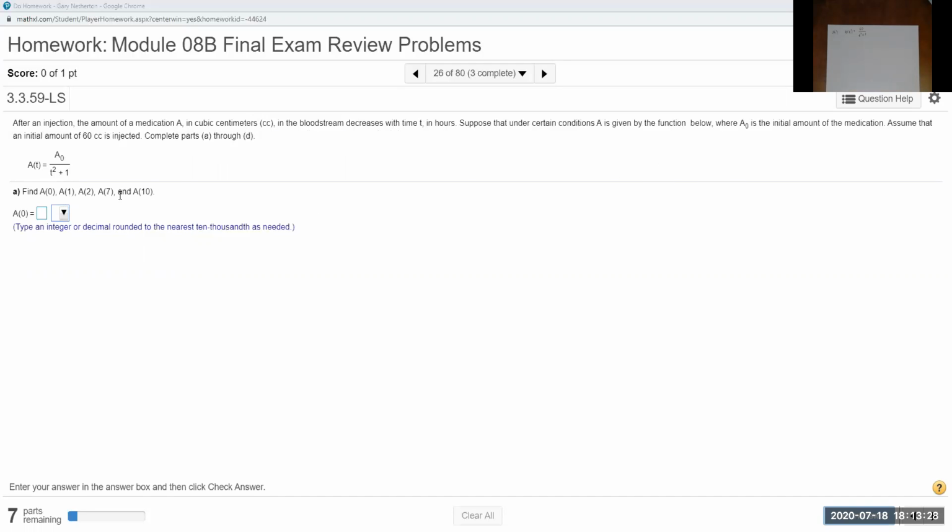Yeah, in hours. So they're asking us to determine the amount of the medication in the body after a certain amount of time. So I'll just write these down. A0, A of 1, A of 2, A of 7, and A of 10.